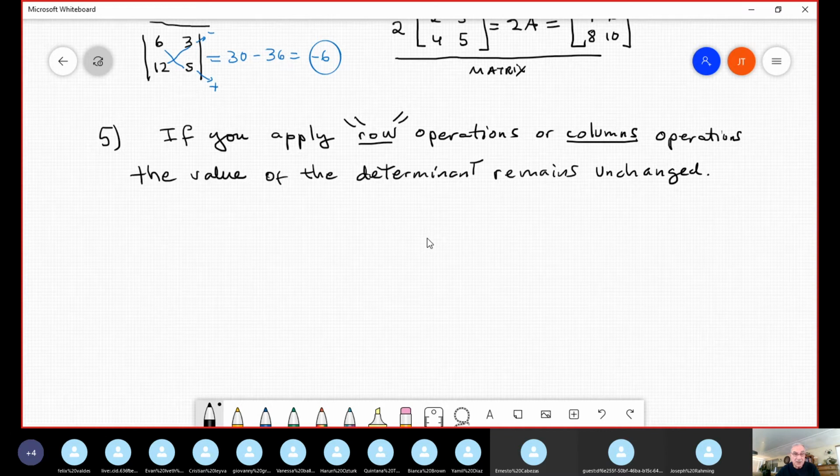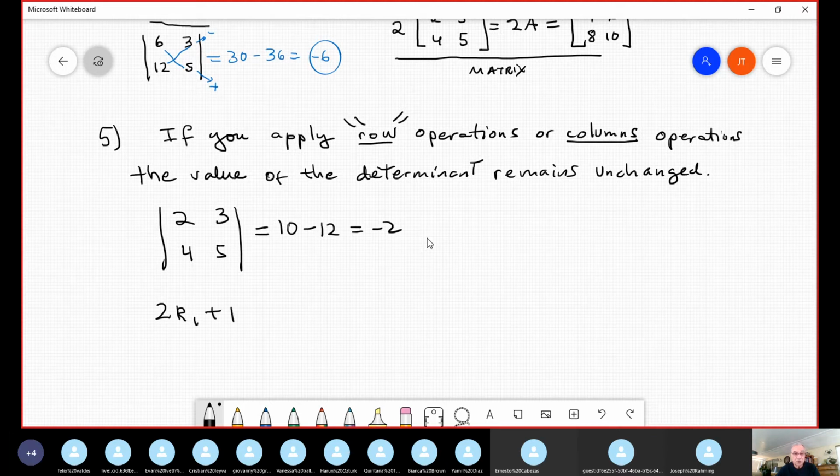Suppose one elementary example. Suppose this determinant 2, 3, 4, 5. Okay, I did it before, no? The answer is 10 minus 12, which is negative 2. And suppose I'm doing this row operation: 2 times row 1 plus row 2, stored in row 2. Let me try to refresh your memory about the idea behind this row operation.